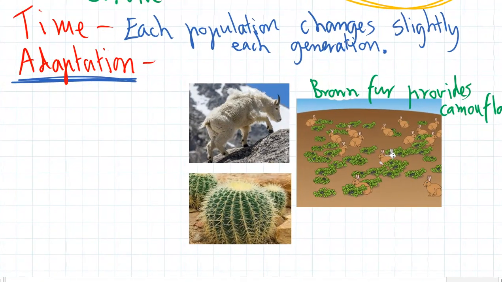And if you look at any species, you can see what adaptations they have to their environment. So mountain goats here, they've evolved short legs, really thick wool for them to survive in the really harsh, cold mountains where they live.